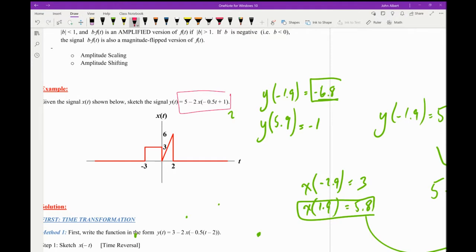The quiz will most likely, I haven't decided on it yet, and I'll probably work on it in the weekend. I'll either give you a multiple choice question, where I give you, for example, 4 or 5 different signals and tell you which of those is equal to this.